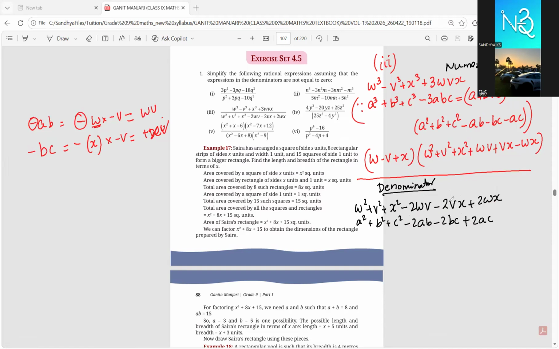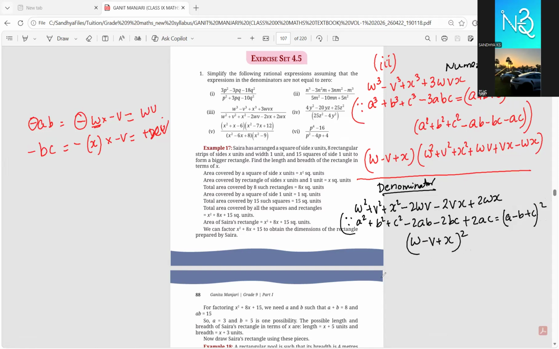Correct? So, what is that formula? That is equal to A minus B plus C, the whole square. Correct? Okay. So here also you will get W minus V plus X the whole square.